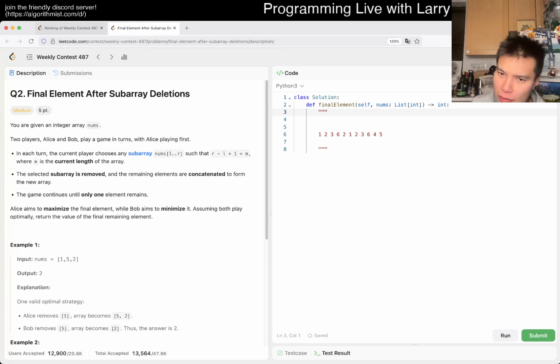What is the condition in which you take all the numbers? But it's a sub-array, so you don't keep one. You just remove that one. So it could be like a suffix or something.